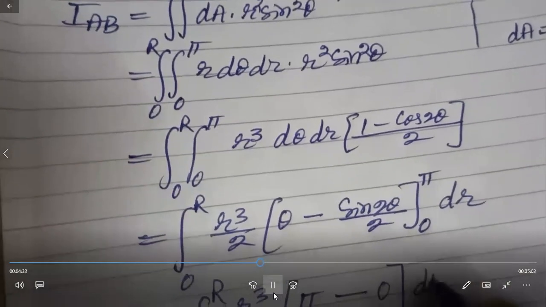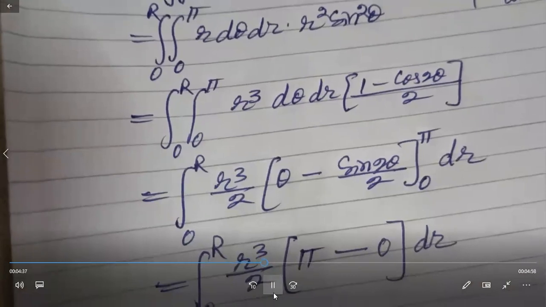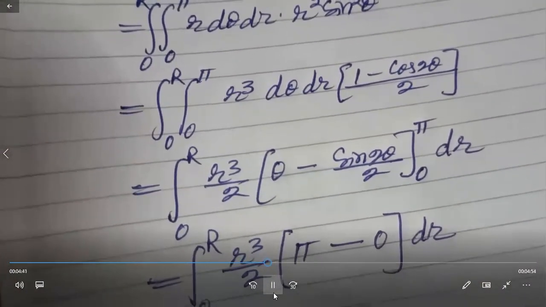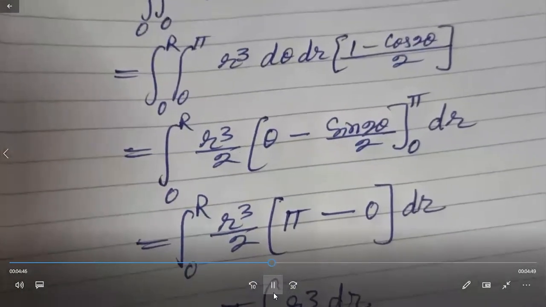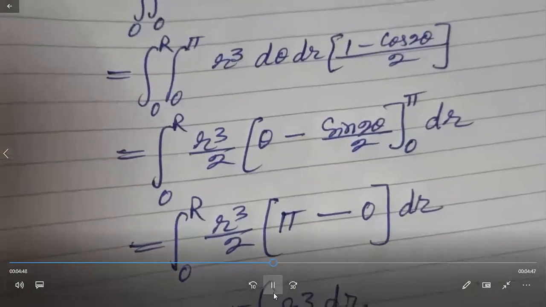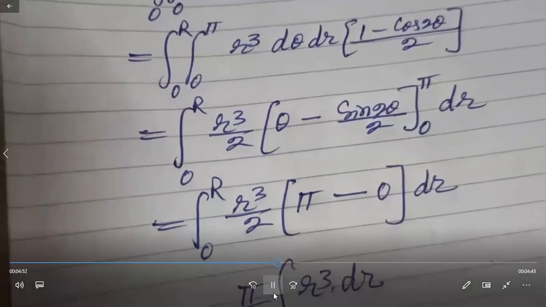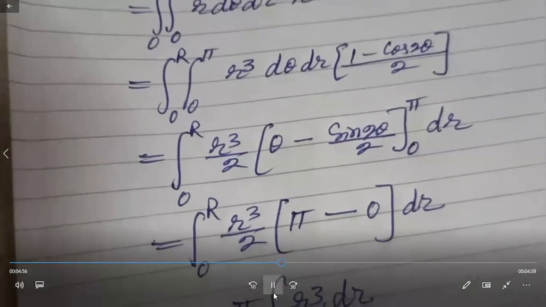So this pi by 2 is taken outside and r cube dr. So this will give you pi by 2, and this is r to power 4 upon 4, and limits are 0 to capital R.